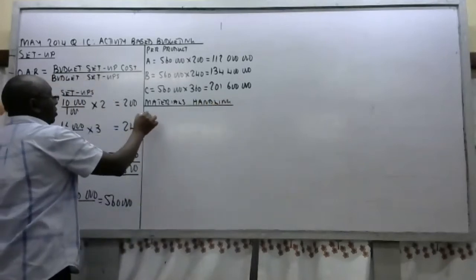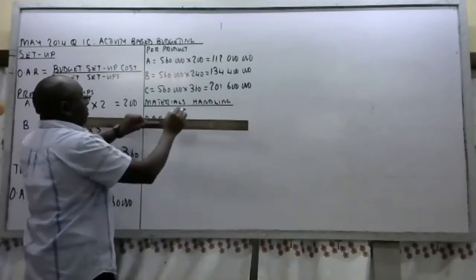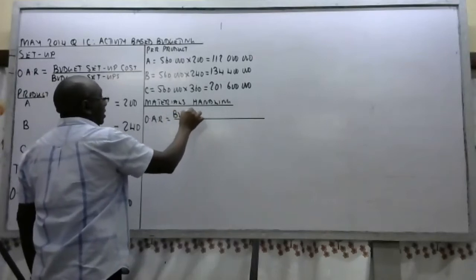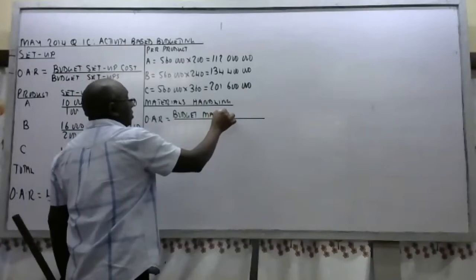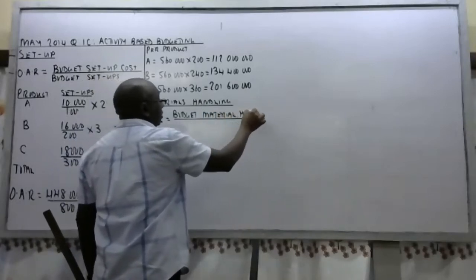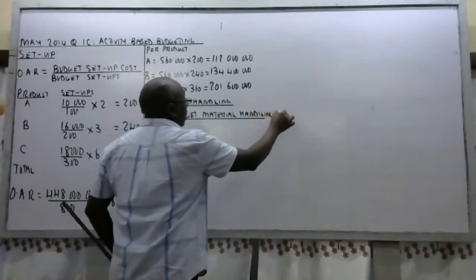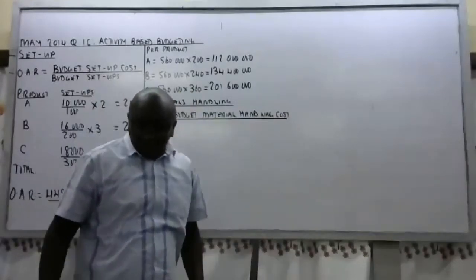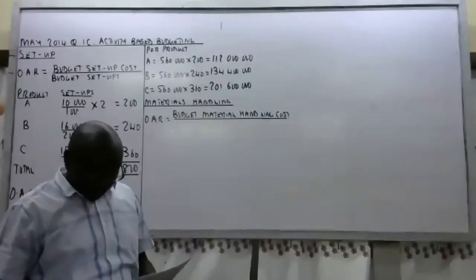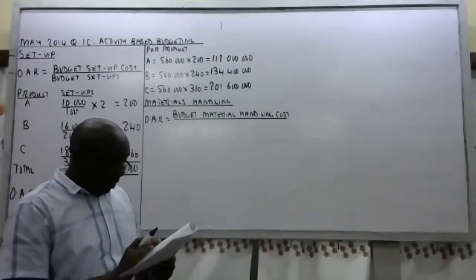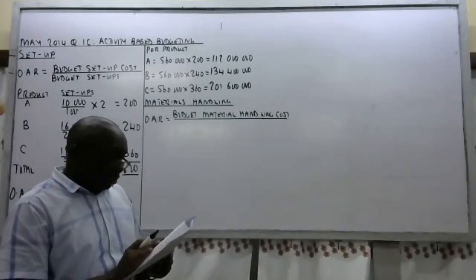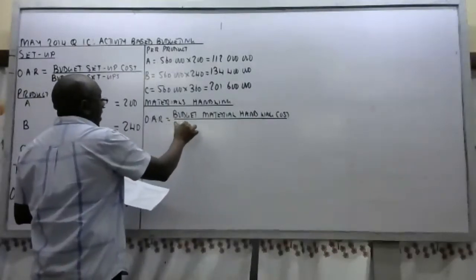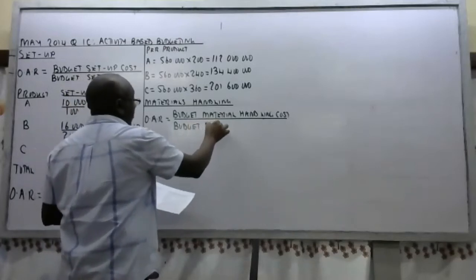So for the materials handling, the OAL, the overhead absorption rate, will be equal to budget material handling costs, divided by, I think the best should be, budget material movements.